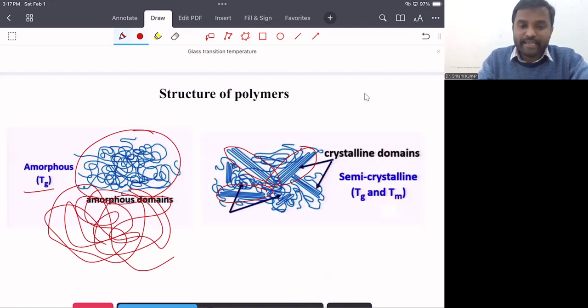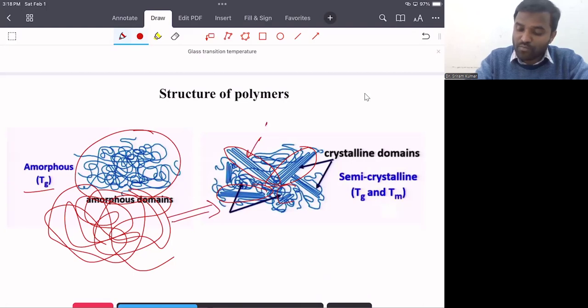But in real life, we have semi-crystalline polymers, in which we have a contribution of the amorphous polymer and the crystalline polymer, so some sections in that polymer are amorphous and some are crystalline.